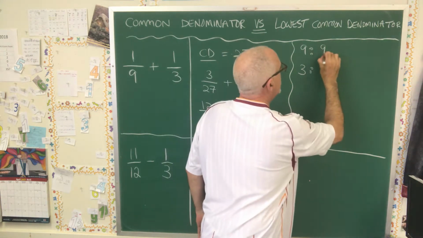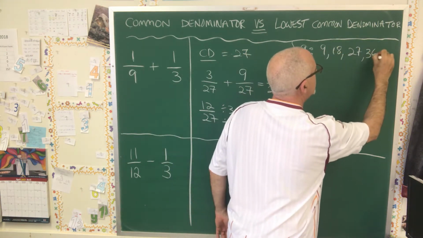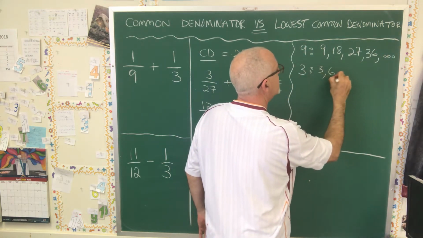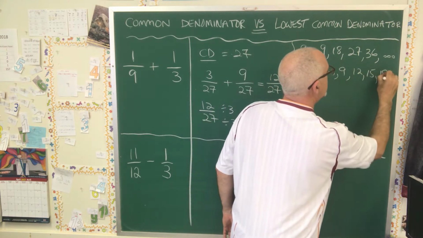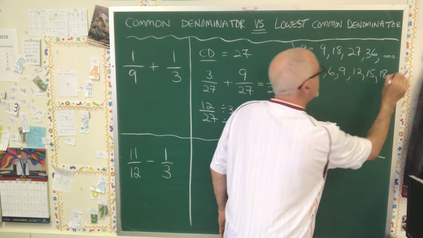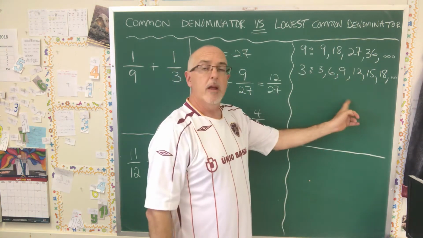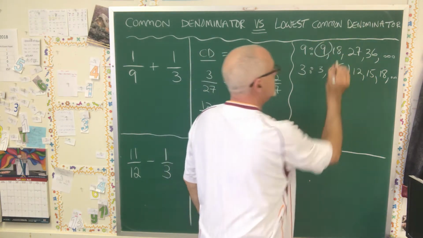So for 9, we have 9, 18, 27, 36, and it goes on. For 3, we have 3, 6, 9, 12, 15, 18, and it goes on. Notice that 18 is in both lists, but so is 9. We're looking for the smallest number that's in both lists, and that is, in this case, 9.